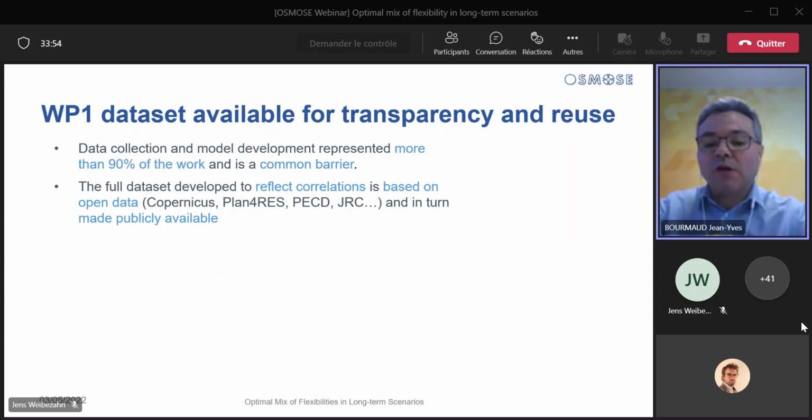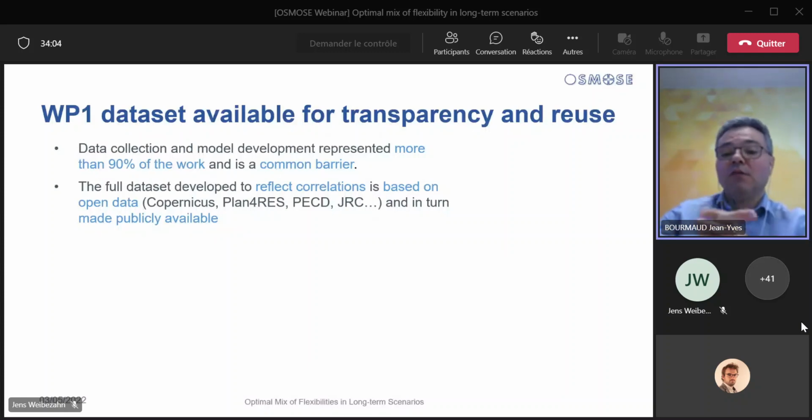In such prototypical studies, as you may know, data collection, cleaning, and model development are time and resource demanding tasks. In our case, they accounted for more than 90% of the work, especially because assessing the security of supply of our scenarios required accurately reflecting correlations between countries and between weather-dependent variables such as load, wind, and PV generation.